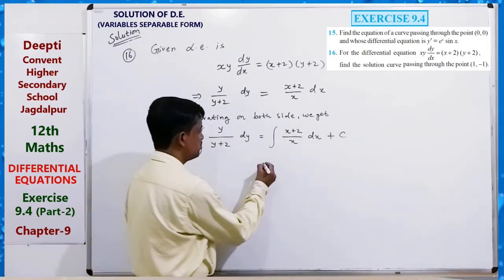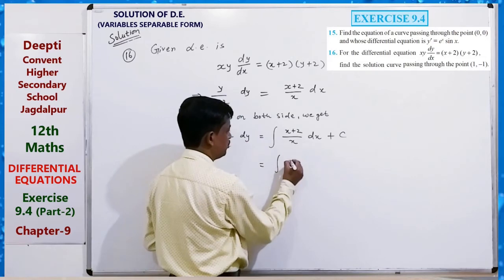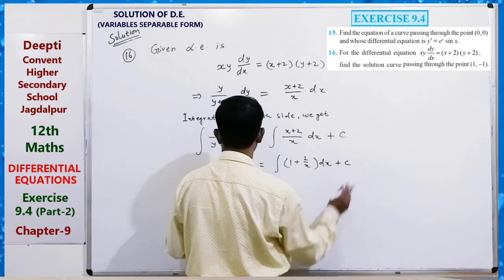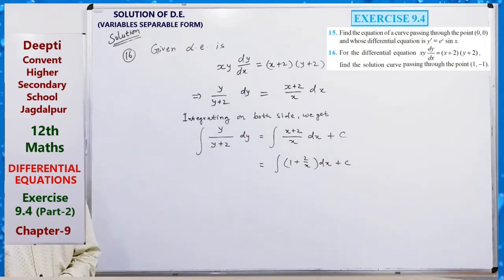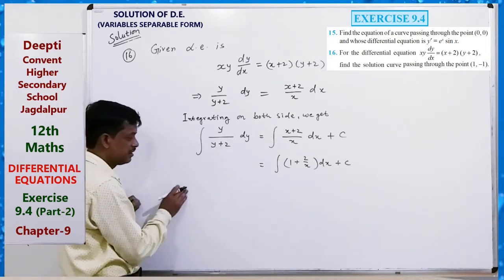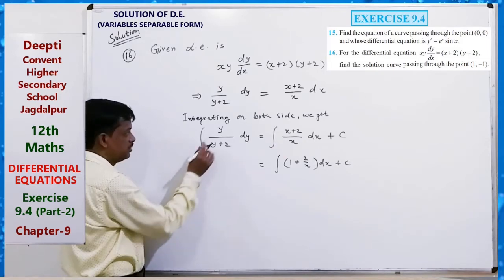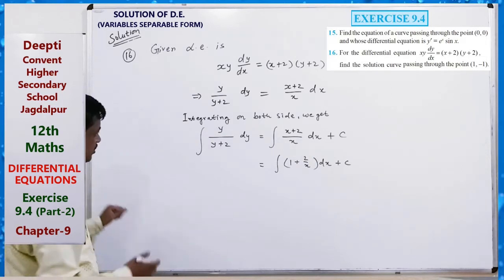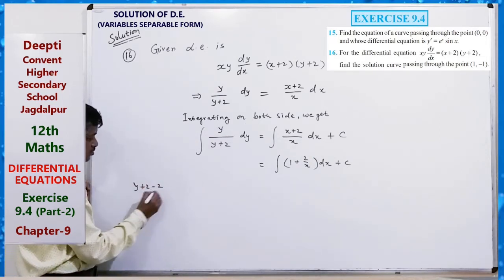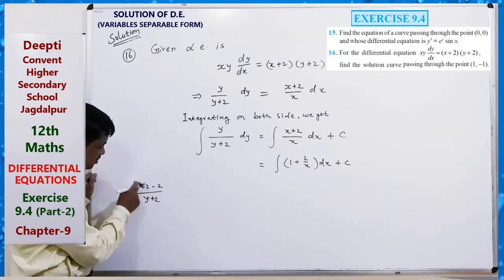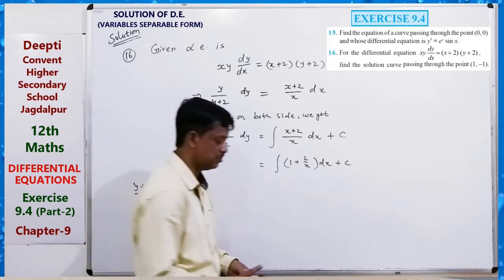The right hand side is simple: integral of (1 + 2/x) dx plus c. And the left hand side, how can we adjust it? By dividing, we can write y as (y+2) minus 2, so y/(y+2) becomes 1 minus 2/(y+2).